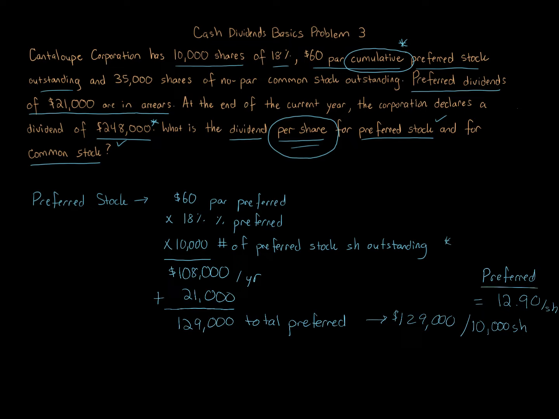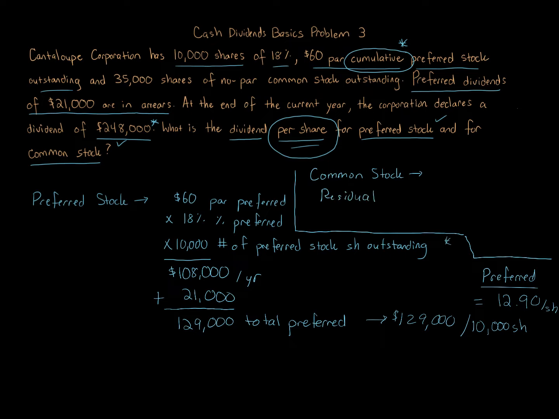So for the preferred, $12.90. How do we do the common? We still have to do the common stock. That's the next step. After we calculate the preferred and look at the arrears if it's cumulative, now we get to look at the common stock. Common is the residual. It's whatever's left over.